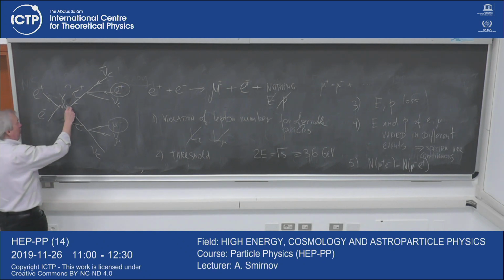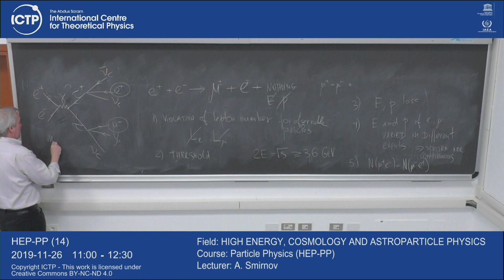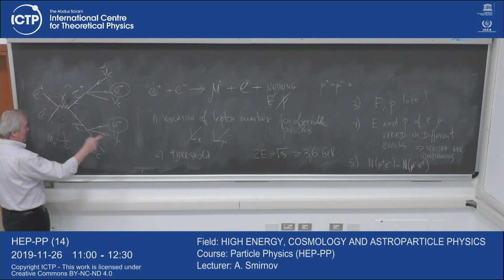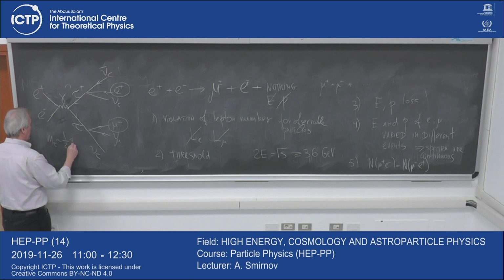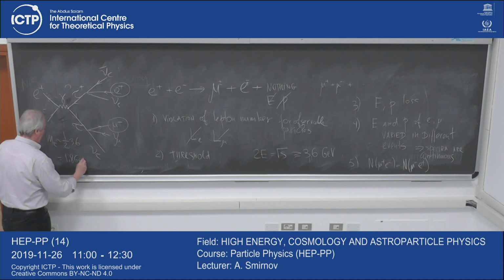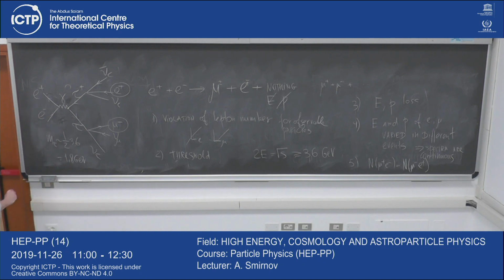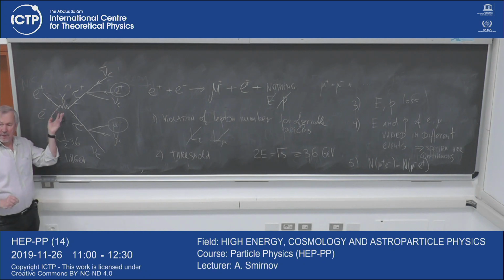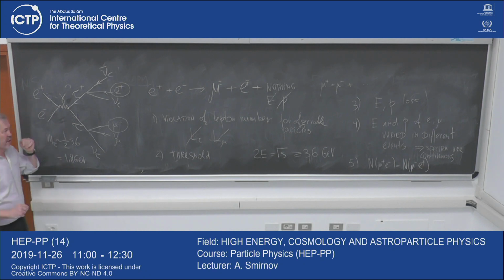Then, if the mass of tau is 1/2 of the threshold, which is 3.6 GeV, we will have 1.8 GeV. So the mass of this particle is around 1.8 GeV, and therefore you can explain the threshold: these events will appear when the energy available is bigger than 2 masses of this particle. So that explains the threshold.